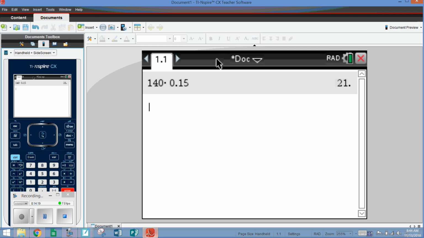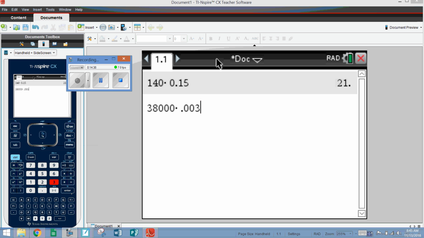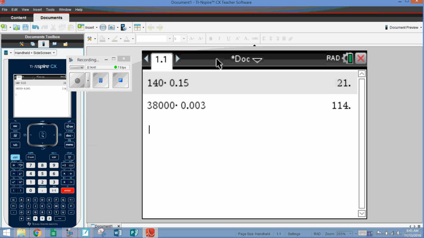Let's see that. 38,000 times 3%, right? 0.03. Let's put that correctly. 38,000 times what? 0.02. So this is going to be the increase.